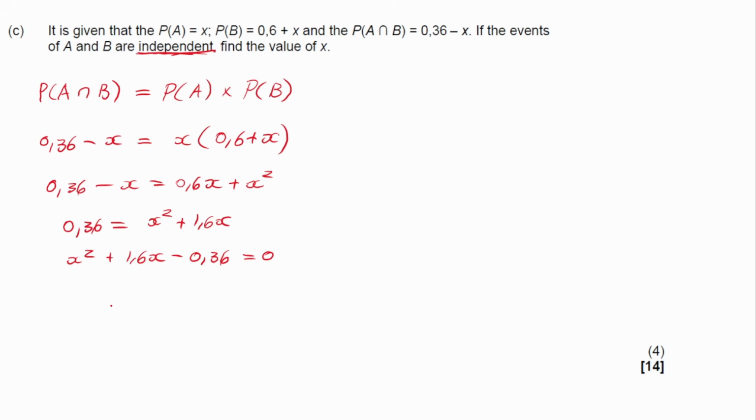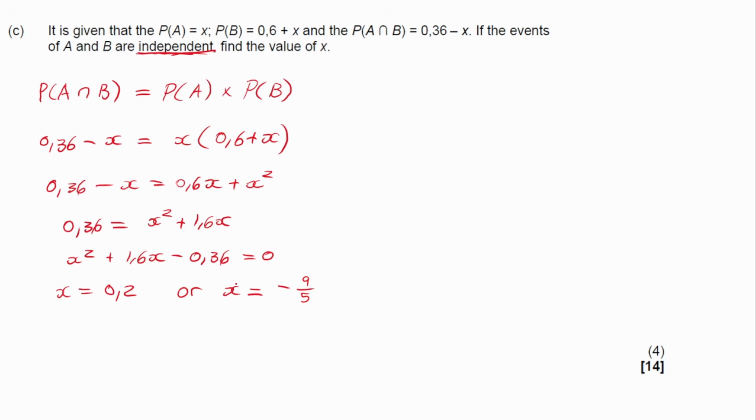And here I'm just going to be using my calculator. I can put it in that equation mode like before. Or you could factor this, but when you do that, you get x is equal to 0,2, or x is equal to minus 9/5.